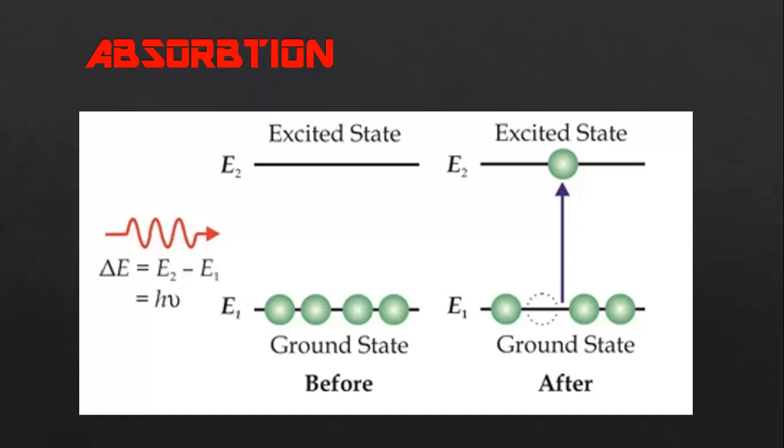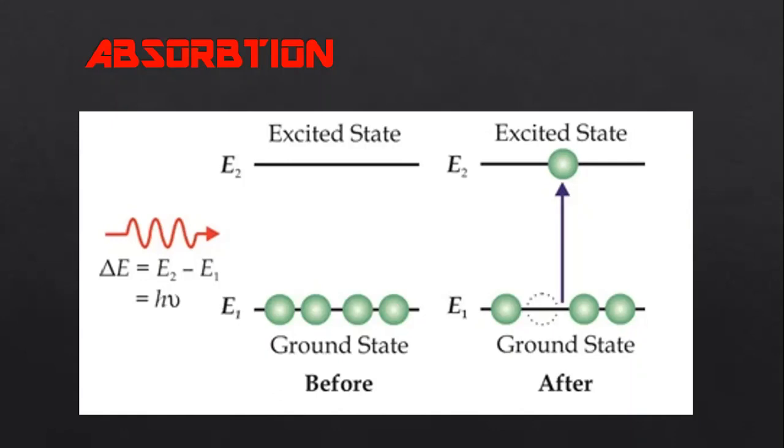So as you can see in the diagram, let us consider that the energy level of ground state is E1 and the higher energy level is E2. When the ground state electrons absorb sufficient energy from photons, they jump into the next higher energy level of higher energy state. The absorbed energy should be equal to the energy difference between the two energy states, which is E2 minus E1.